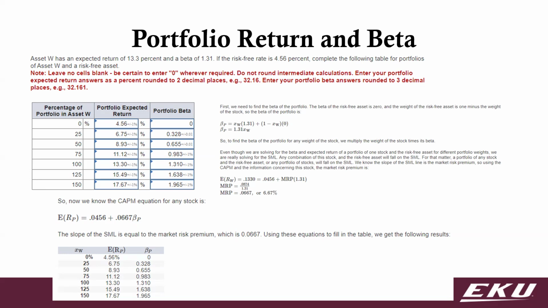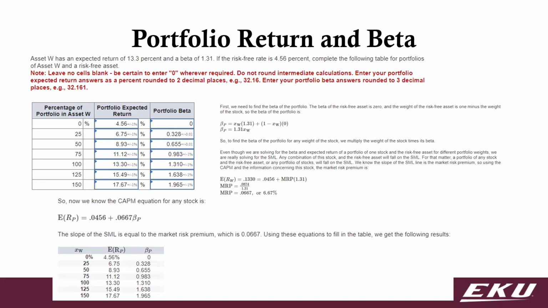If you try to get the expected return, then all we have to do is use the CAPM, capital asset pricing model equation, right? The expected return on any portfolio is going to be equal to the risk-free rate plus the market risk premium times beta. So how can we get market risk premium?